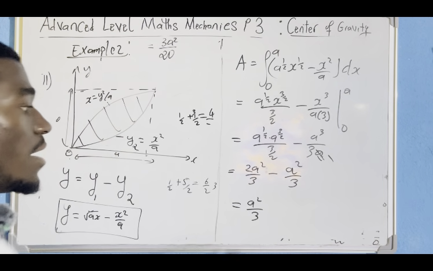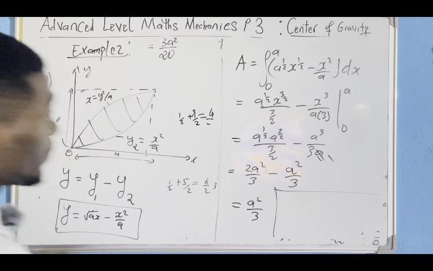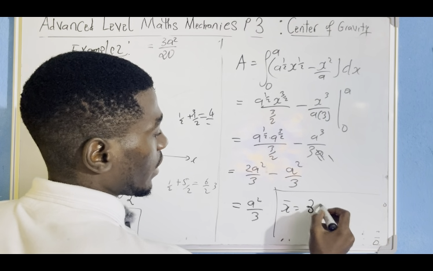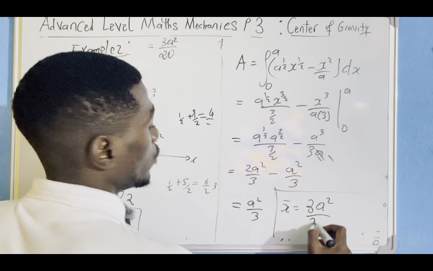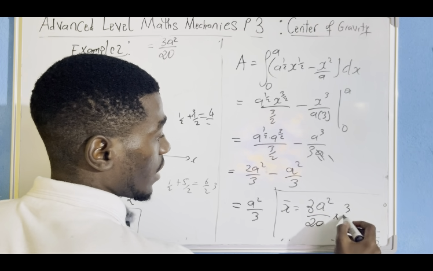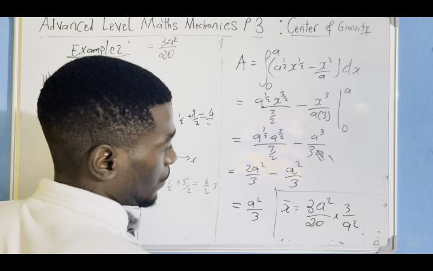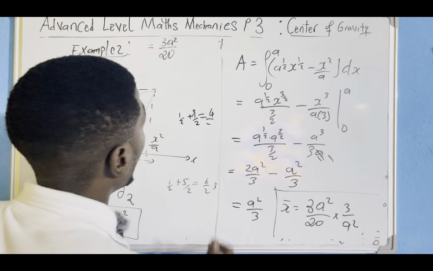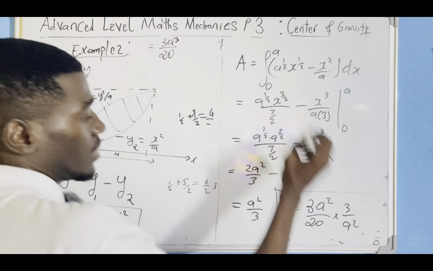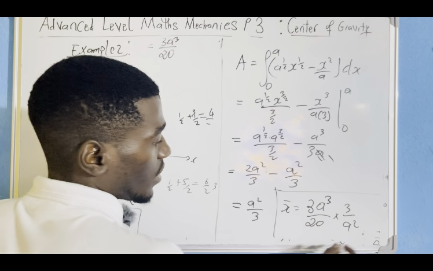As simple as that. Then with these values, I now come and calculate my x bar, which is simply equal to what? 3a squared over 20 divided by, so it's the same as times 3 over a cubed. Pardon, here was a cube. If I remember, here was a cube, pardon. So here should be cube. Okay.